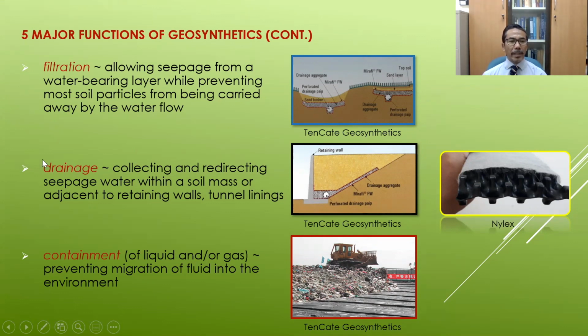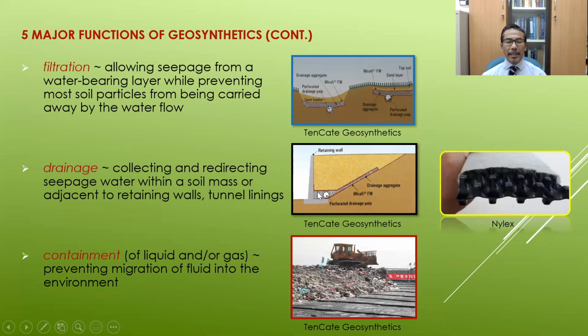Function number 4 is in terms of drainage. By definition here, the geosynthetic will act to collect and redirect seepage water within a soil mass or adjacent to retaining walls, tunnel linings, and so forth. Let's say this is a retaining wall and this is the backfill. Okay.